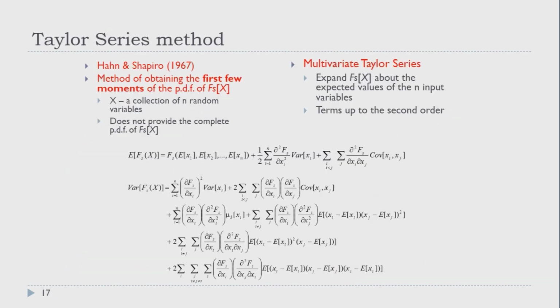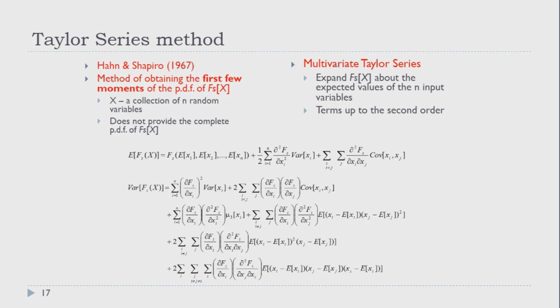And another approach is the Taylor series, which was originally proposed by Hahn and Shapiro in 1967. It is a method for obtaining the first few moments of your PDF. So here we are not obtaining the entire frequency distribution for the factor of safety.